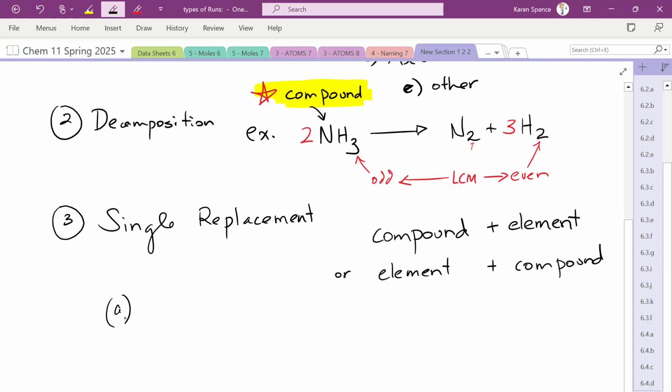We have type A, which is single replacement metal. So for example, if we had CuCl2 plus Al.